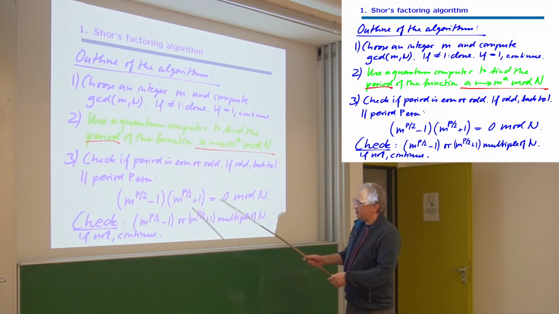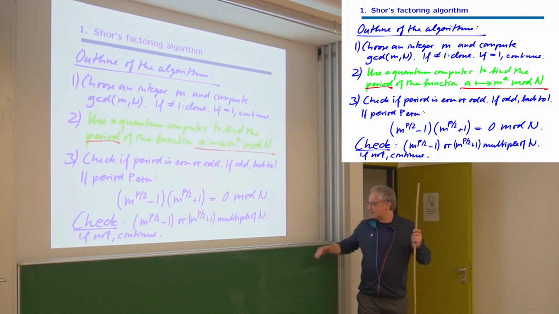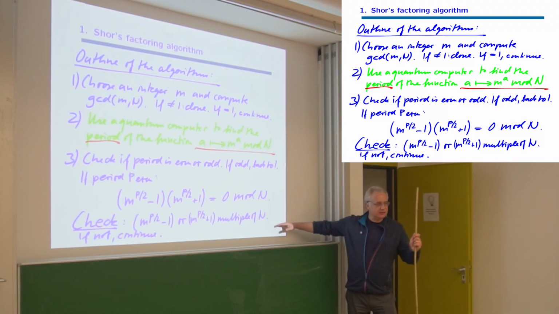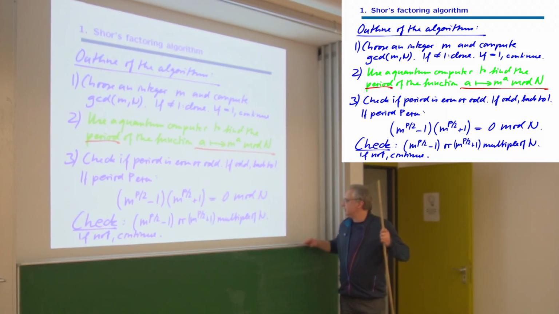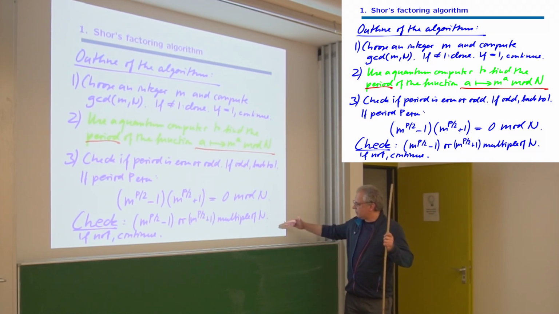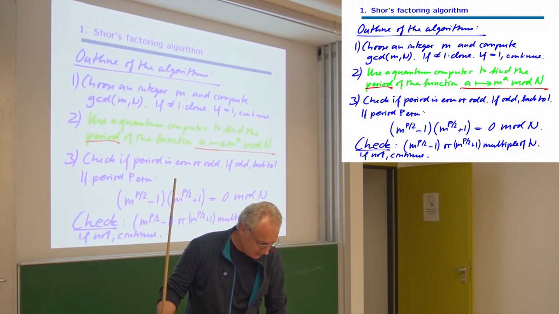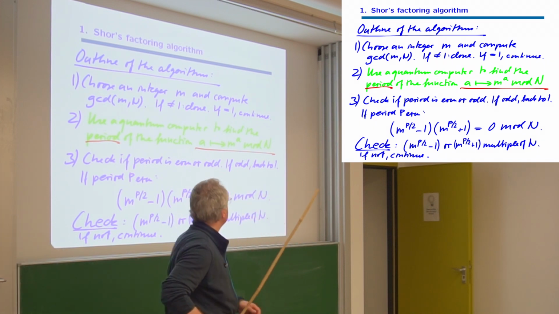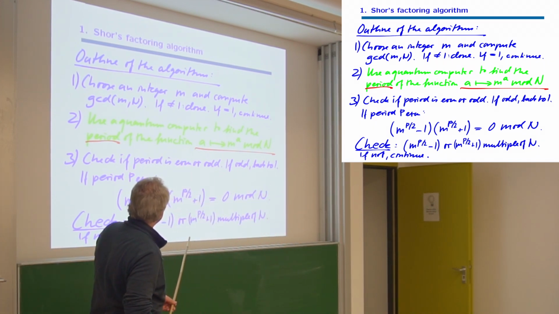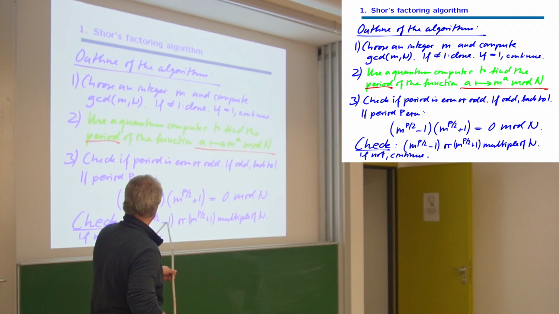But if it does not happen, we continue. And that is still sufficiently likely. So there is bounds on the success probability of progressing to step 4, which comes next, and I think it's about 1/4. So you're losing not too much in these checks here.